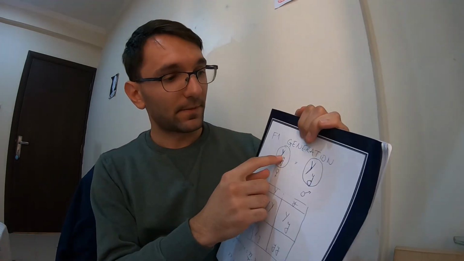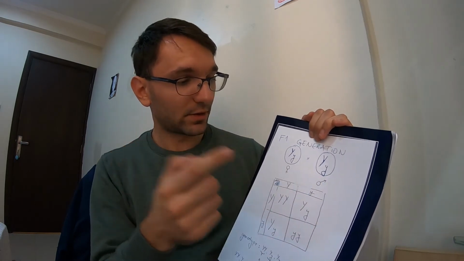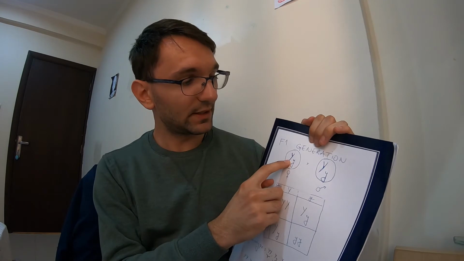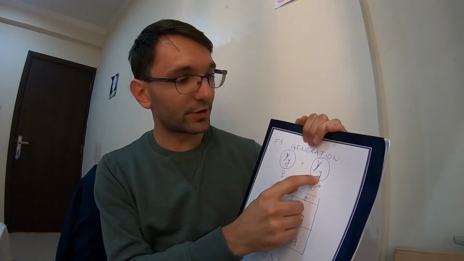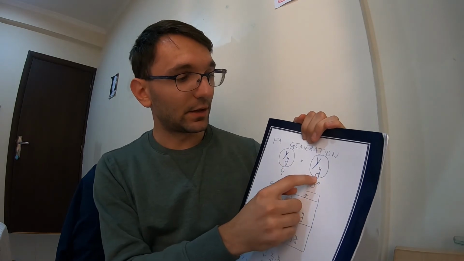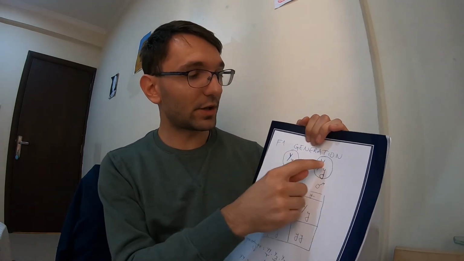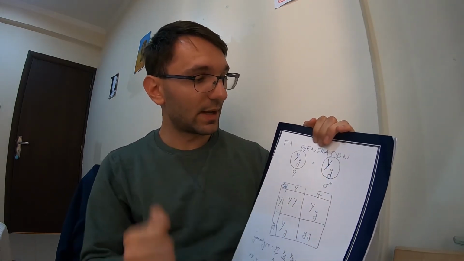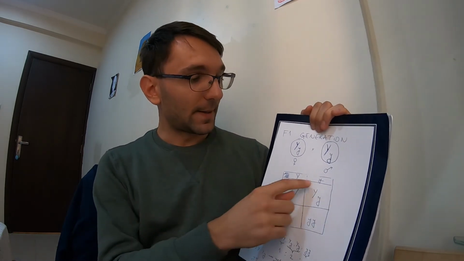So you can see a hybrid female and a male that have two alleles. The capital is for yellow color, the lowercase is for green color, but because the yellow allele is present, it hides the green one. That's the F1 generation. That's why you have all yellow.